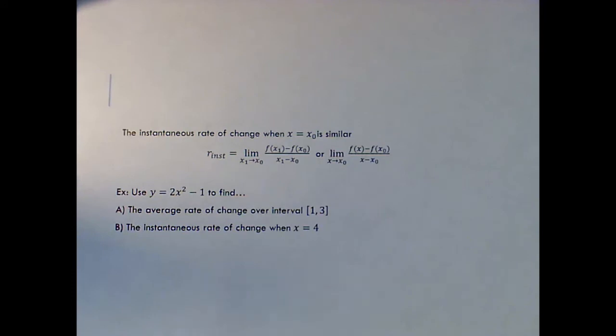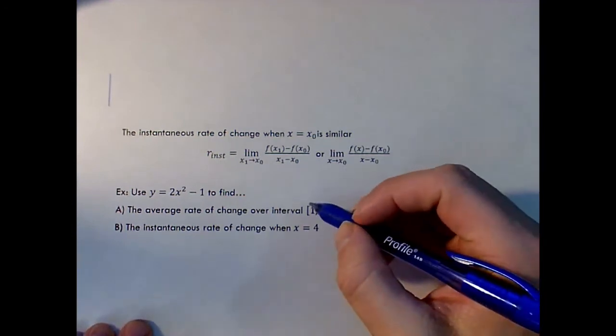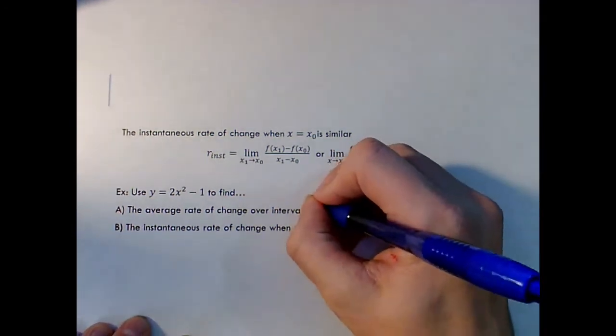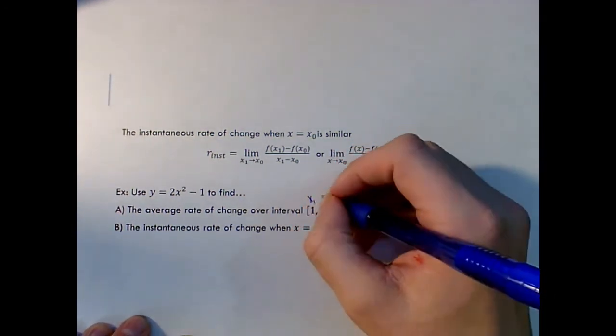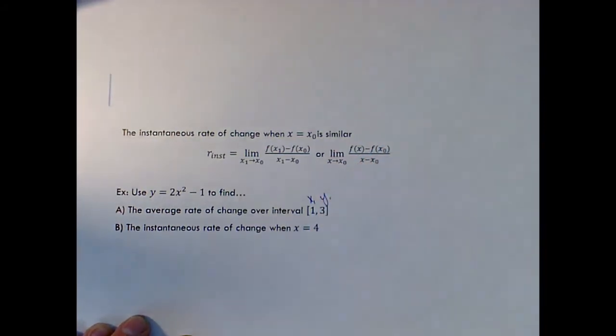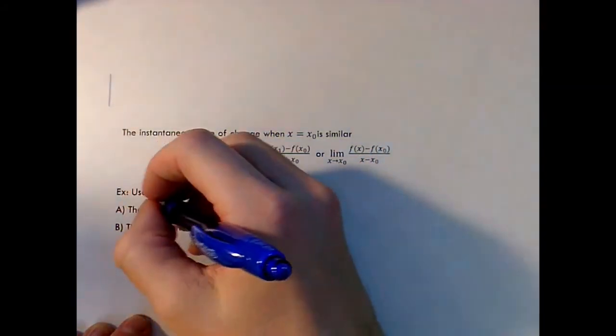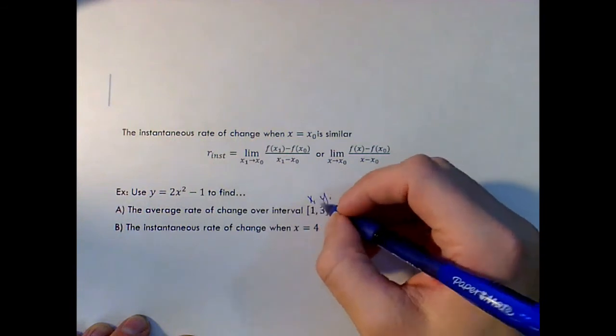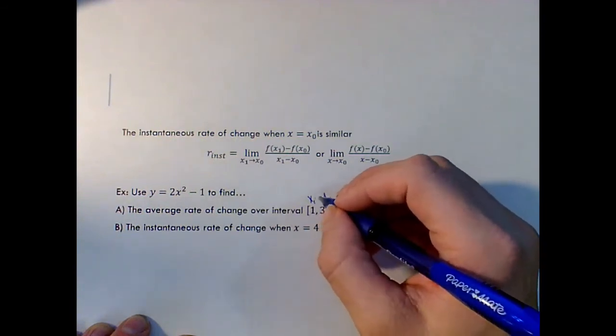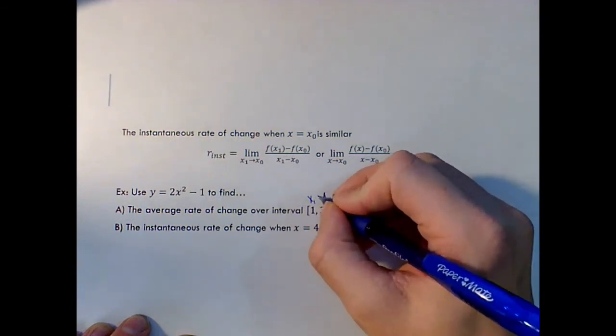So the average rate of change. Okay, the average rate of change is basically the slope formula. So like I said, I have an x value and I have a y value. What I need to do is if I plug in 1, actually these are both x values. I'm sorry. I knew that wasn't right.